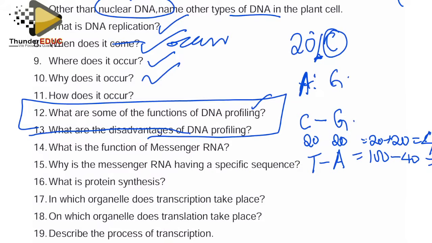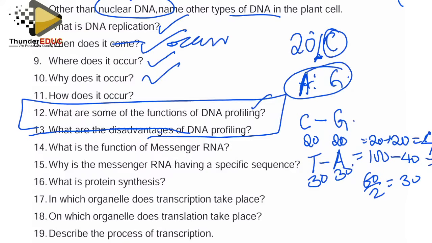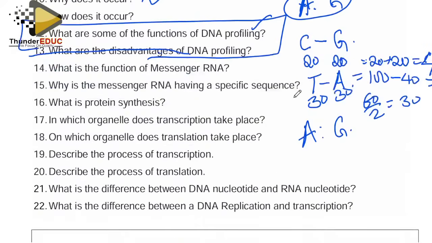The 60 will be for two, so 60 divided by 2 gives me 30. So this is going to be 30, and this is also going to be 30. But what are they looking for? They're looking for adenine versus guanine. So I ask myself, what is guanine? Guanine here, guanine here, we see it is 20.